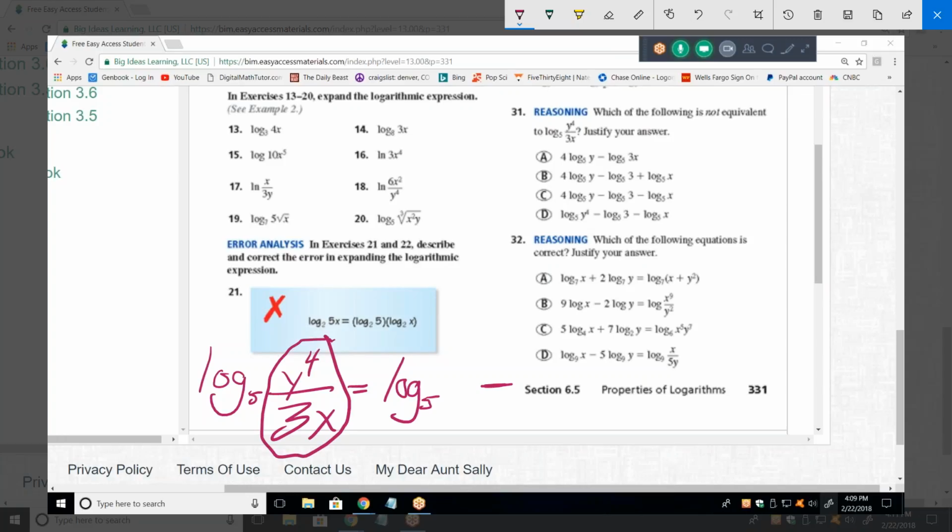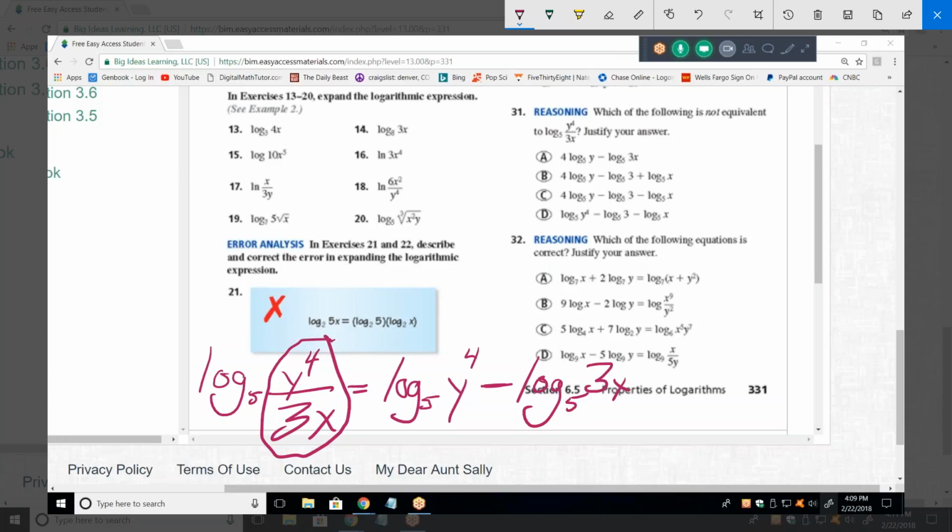That last problem, we had 3 things that were all being added. So therefore, each of those 3 things was being multiplied in the new argument. Okay. So this is log of y to the 4th. That's the numerator. Minus log base 5 of 3x.